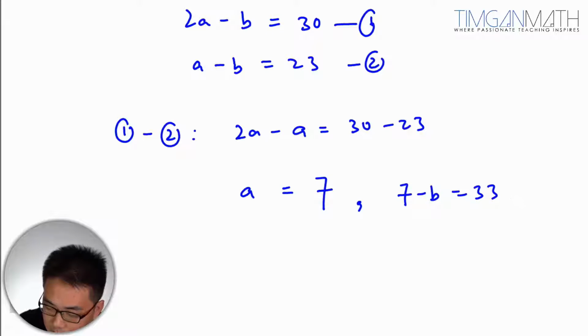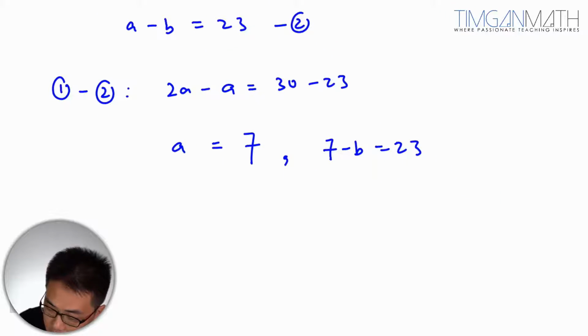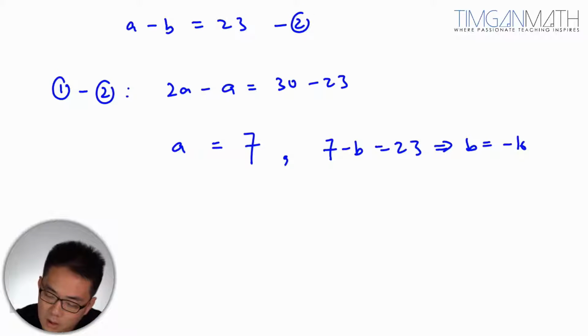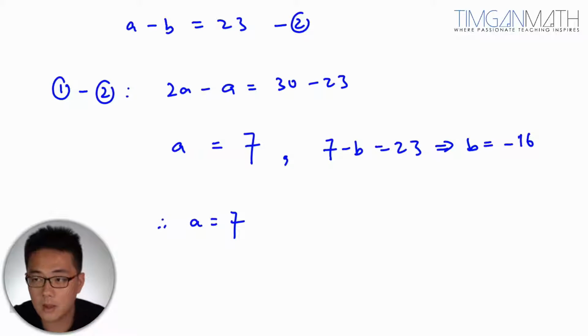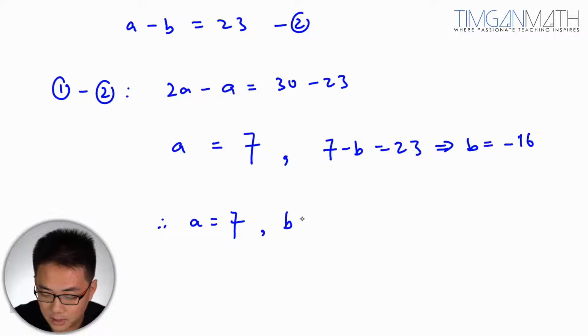So b will just be negative 16. Okay, so that's about it. We have got hence a is 7 and b is actually negative 16.